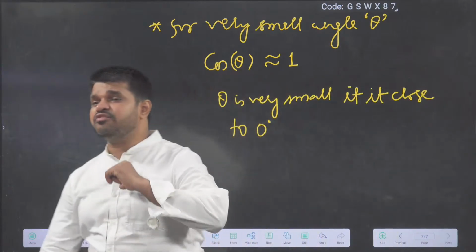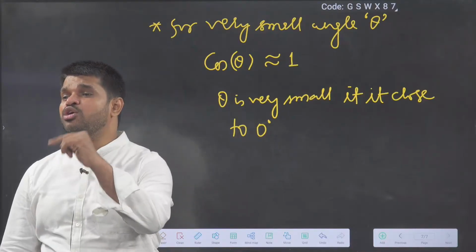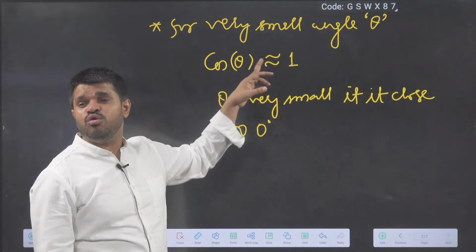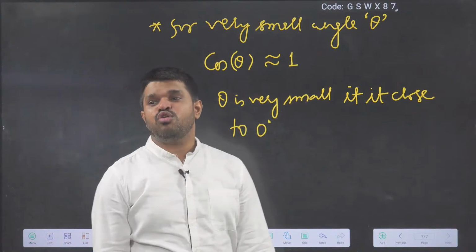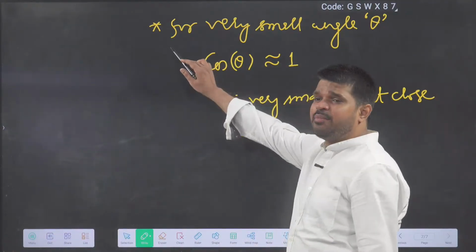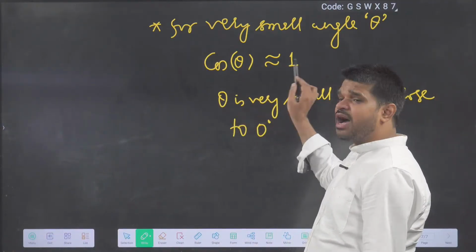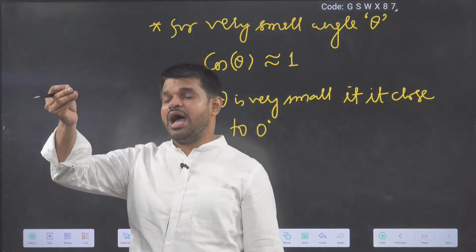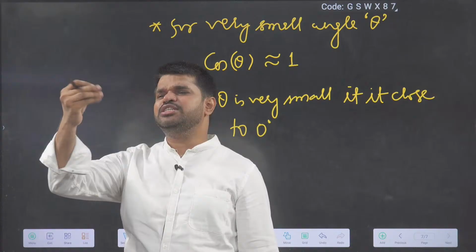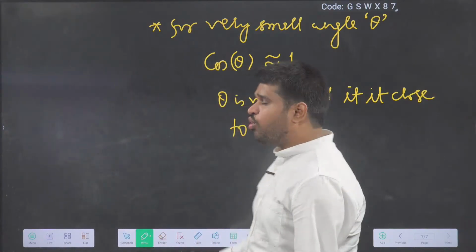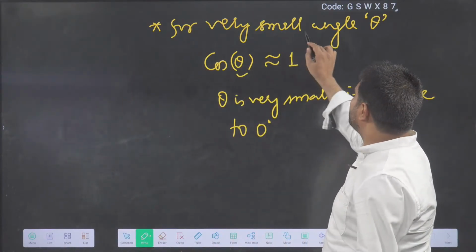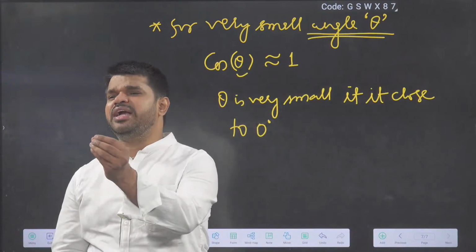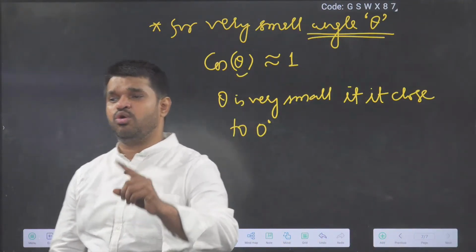If the angle is very small, it will be very close to 0. And what is the value of cos 0? 1. So the very small angle approximation for cos theta is 1. But do not apply it for higher angles. Apply it for very small angles. So when theta is very small, the answer is approximately equal to 1, or very close to 1.